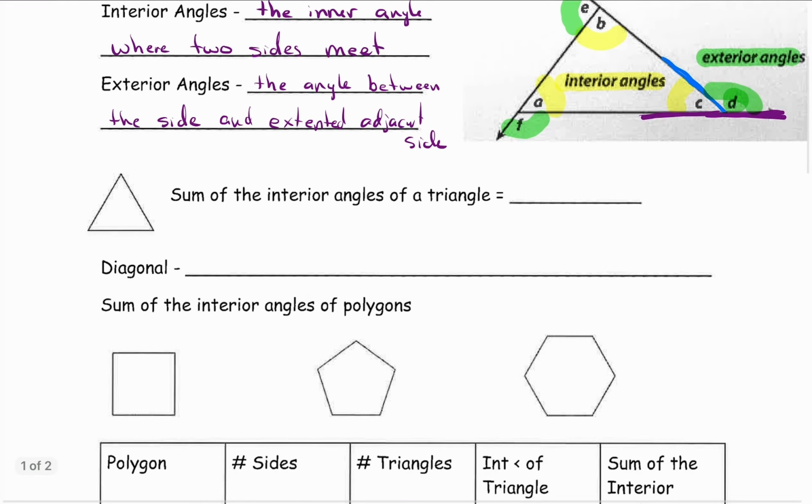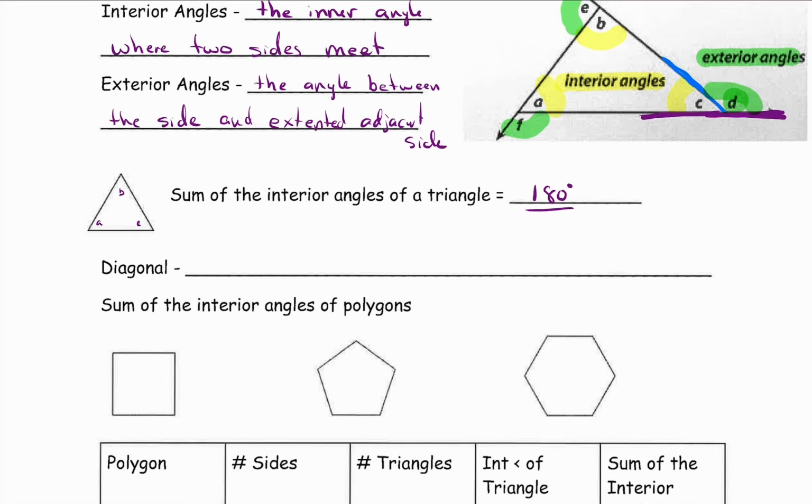So, something that you would have learned previously is that the sum of the interior angles of a triangle equal 180 degrees. And so we're going to use that. So what that says is that if you take A, B, and C, these three angles, add them up, they're always going to equal 180. So we're going to use that a lot today.